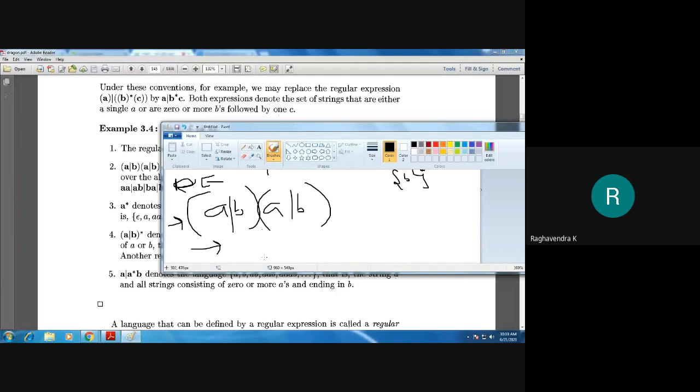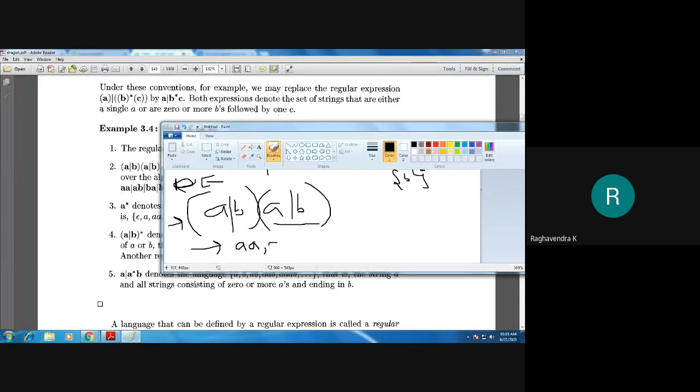Concatenation. So either a or b from this. Let me take a first. Then I will take again a from here, because it is a or b. So aa is one of the strings that is derived from this regular expression. So this will be a part of our language.